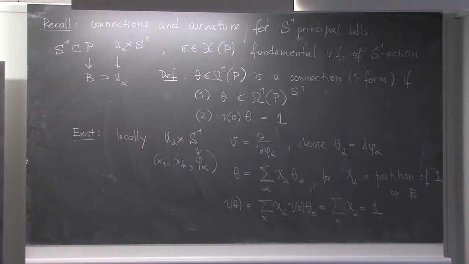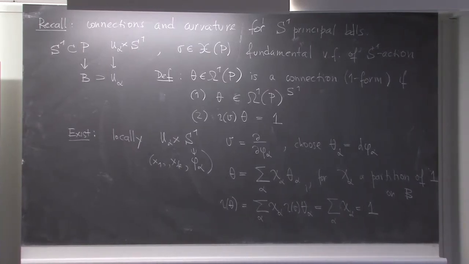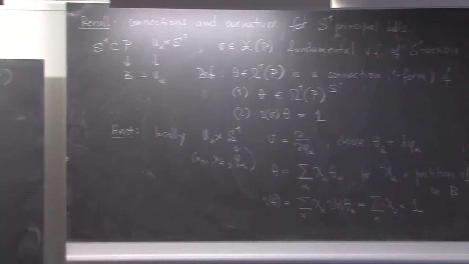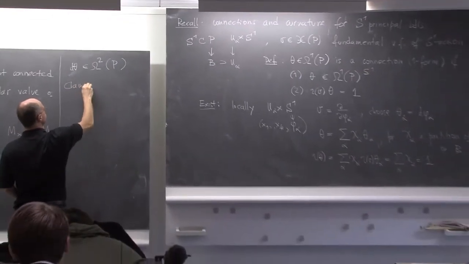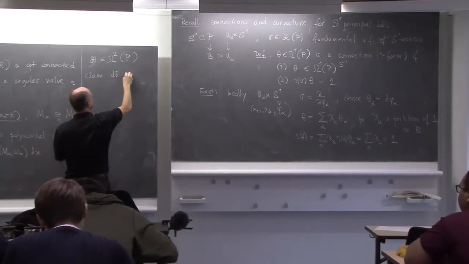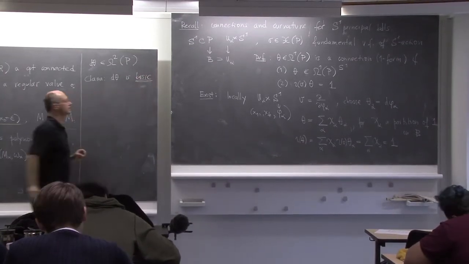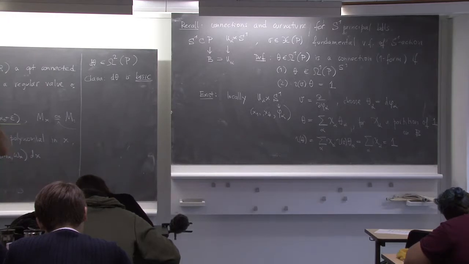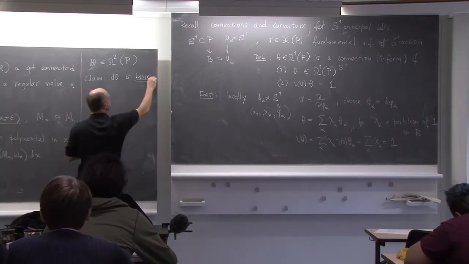Now let's define the differential of theta, which is a two-form on the total space. And the claim is this d theta is basic. Recall, we were discussing those basic forms on principal bundles already. So basic means the following.